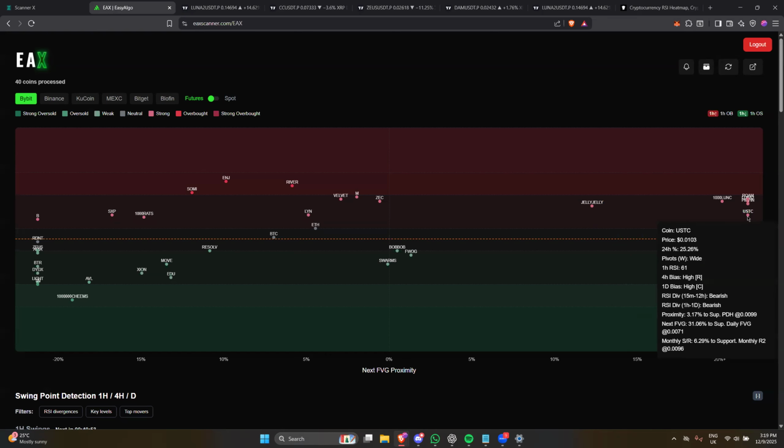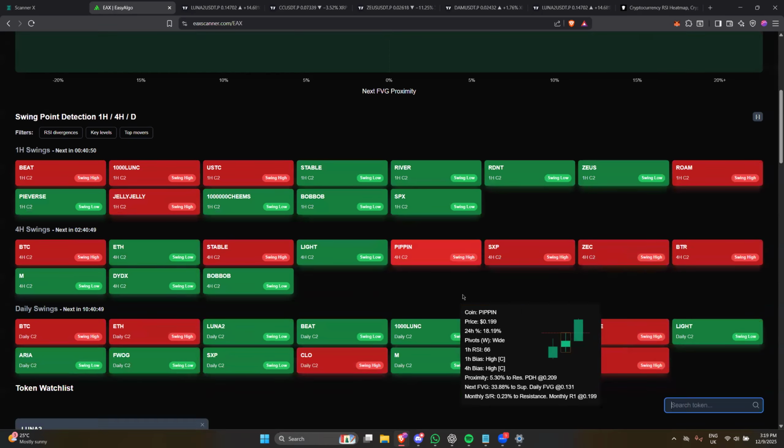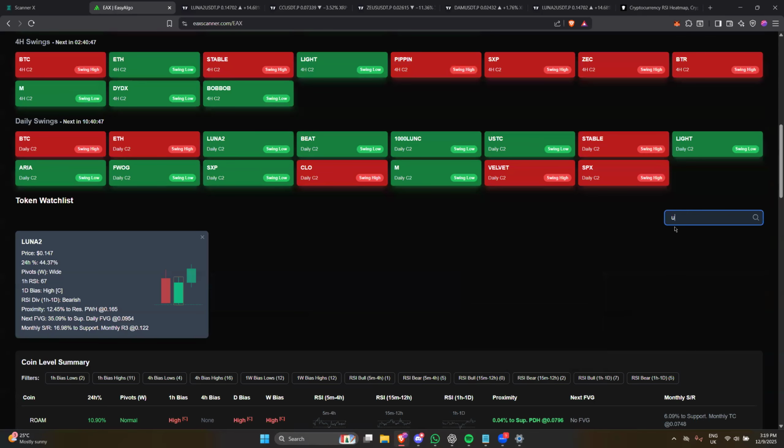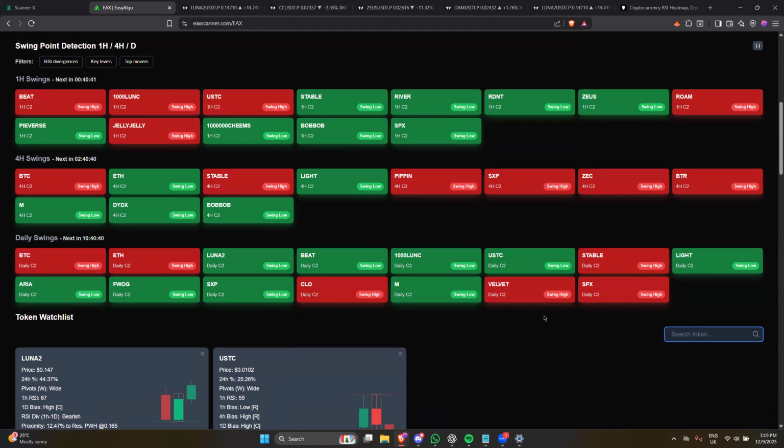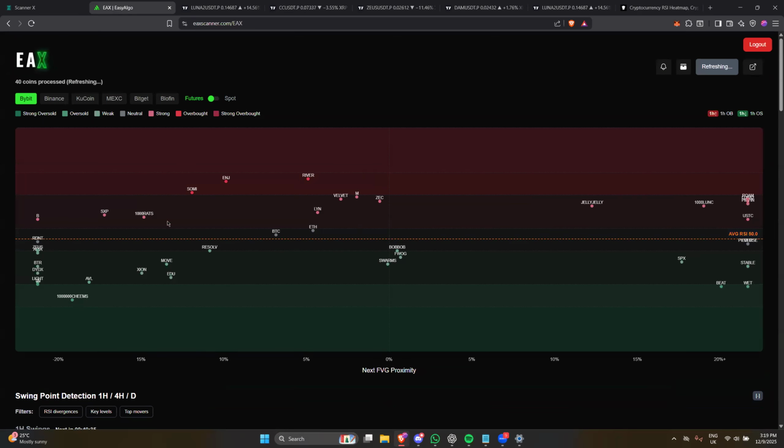Area 61.25 USTC. Let's have a look to see USTC. Okay, you can always have a look to see what this one is showing. I don't know if it has moved yet or not. Firstly, I always look here, so it's a good place just to see, okay, RSI is pretty decent.